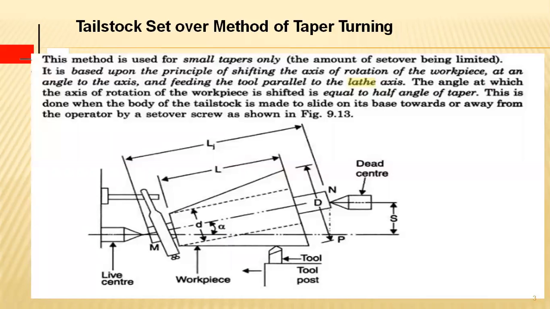The first method is the tailstock set over method of taper turning. As discussed, the diagram clearly displays the inclination that should be maintained in order to go from the greater diametrical edge to the smaller diametrical edge over a particular length.